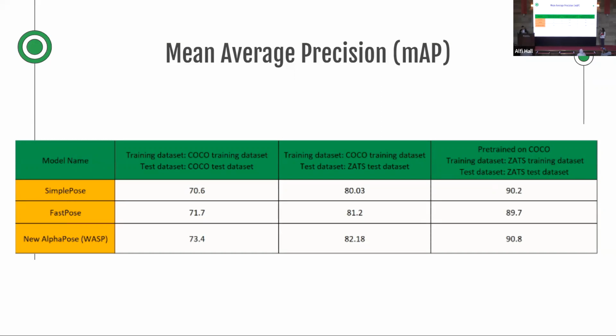We got 90.8 MAP. So we achieved what we were aiming to get in our hypothesis, and this will help us in the second part of our research, which is evaluation of the exercise using calculation of angles, as Ahmed said. And now I will explain how this will help us.